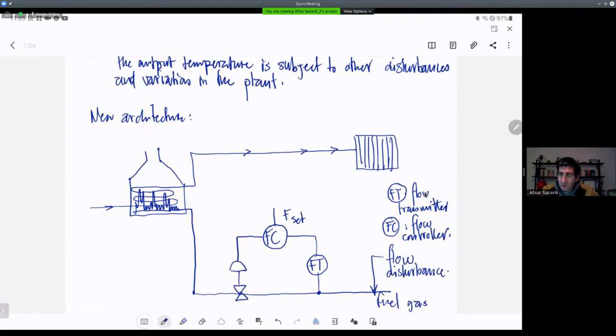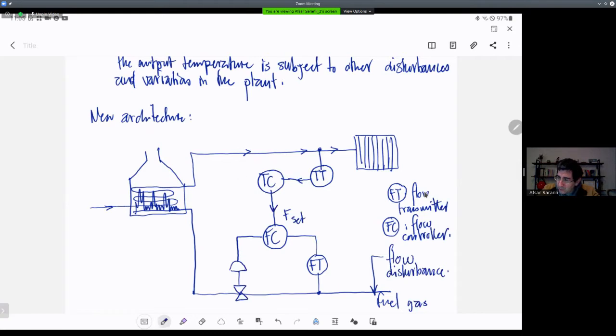So over here we will have a temperature transmitter or transducer that's going to drive a temperature controller. Let's call this TC, and that temperature controller will specify what the set point for the flow controller should be.